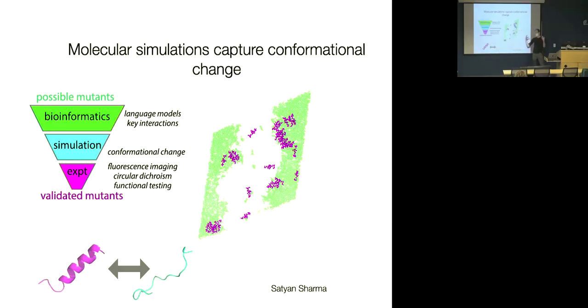So we can use simulation as an intermediate screen between the language models generating possibilities and then looking at which peptides might be plausibly switched by the environmental stimuli we're interested in.